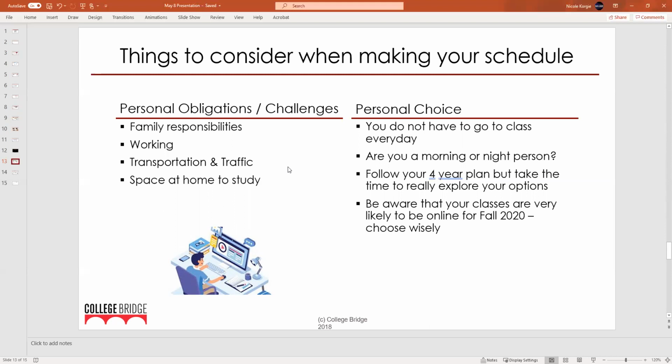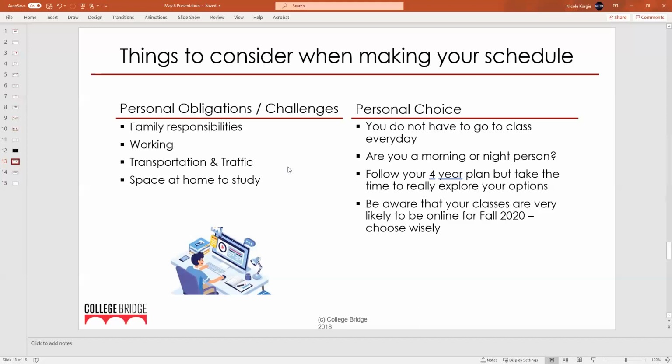Don't just take the first class listed. Spend some time really going through your 4-year plan options, because there are some really cool classes in there. You don't have to take US history again. You could take something much more specialized or more interesting to you that's still within the history category. So really spend some time looking over all of that.